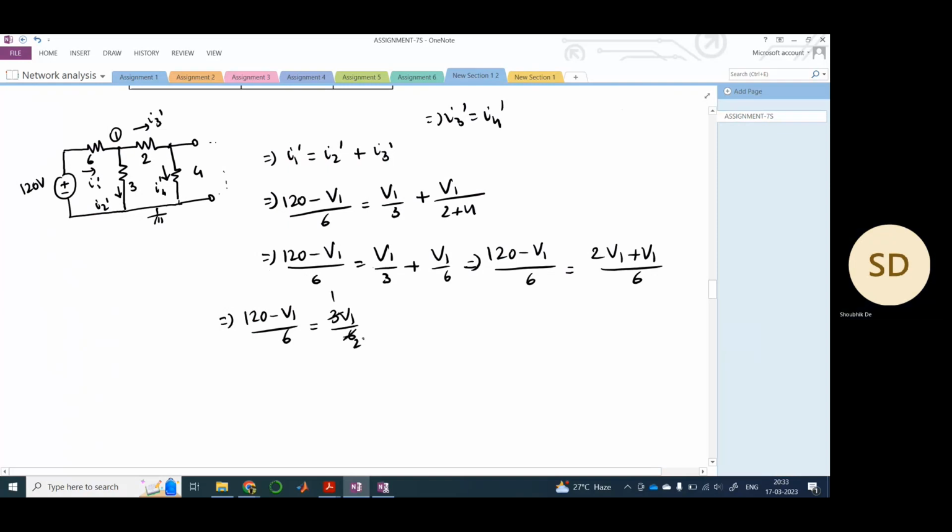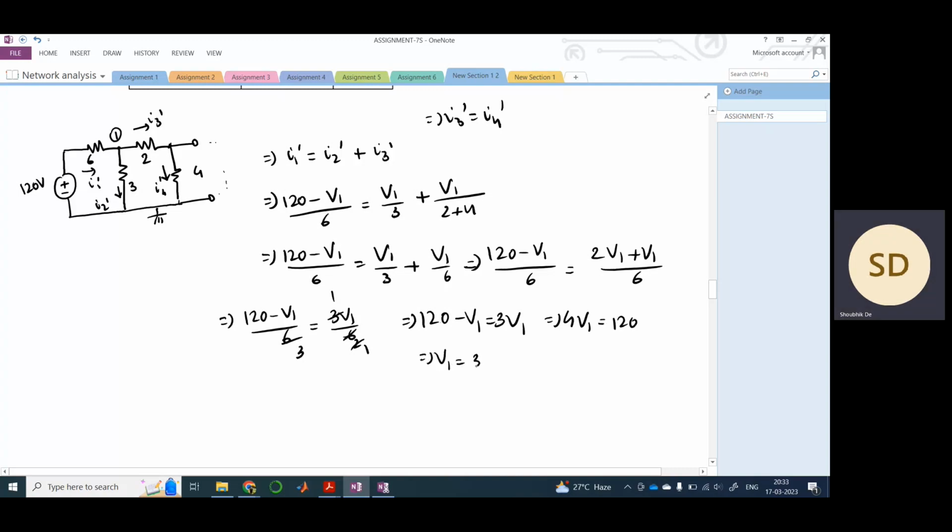This will get cancelled, and this would be 120 minus V1 equals 3V1, therefore 4V1 equals 120, therefore V1 equals 30. Right? This is V1.